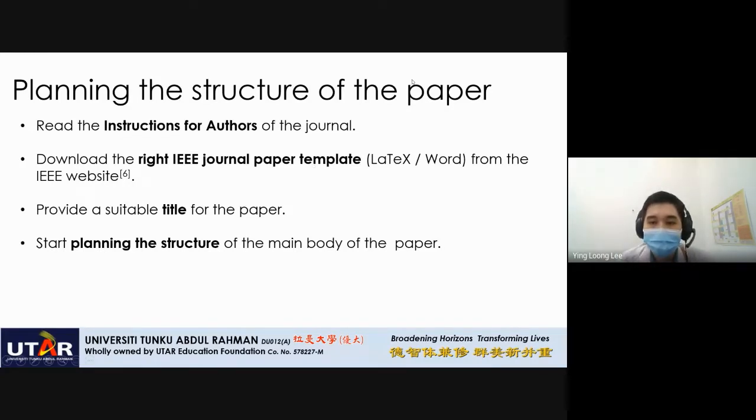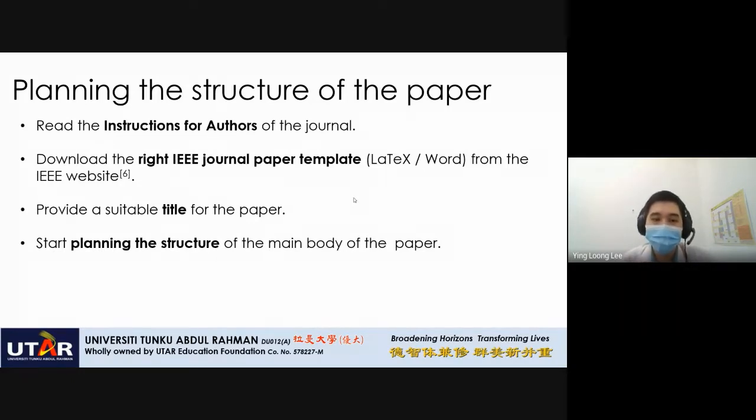Okay, so they offer two templates for two different software. One is LaTeX. The other one is Microsoft Word, right? I personally use both, but now I more frequently prefer to use LaTeX, because the organization of the mathematical content and the formatting is easier with LaTeX, right?